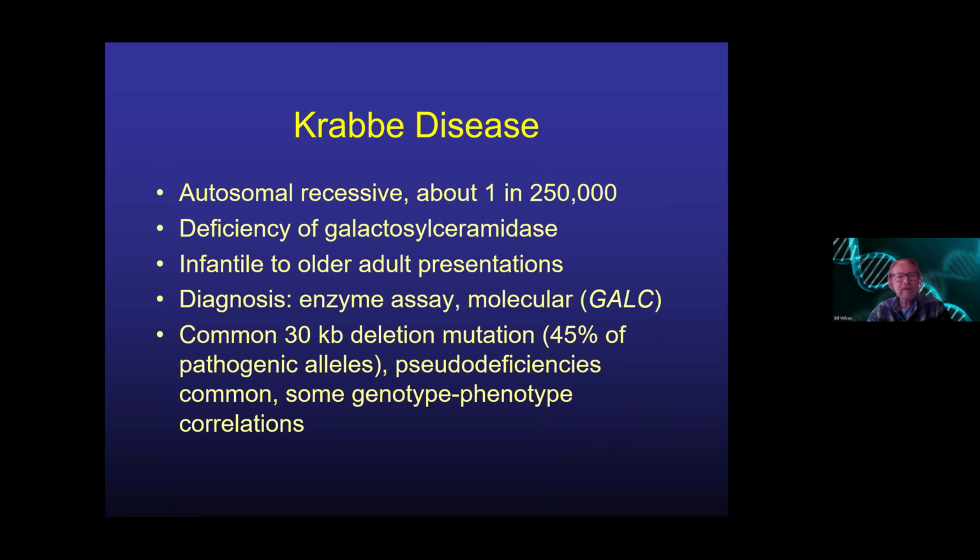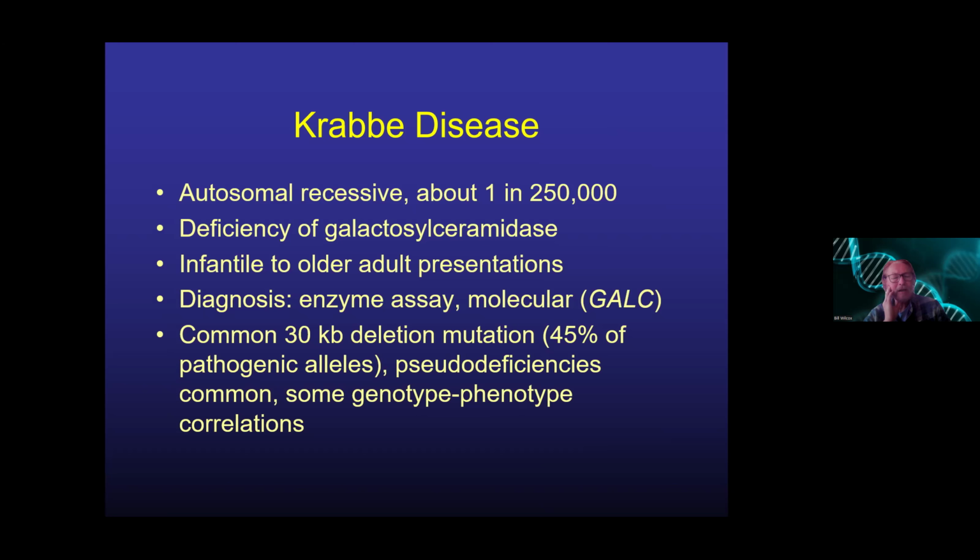Then turning to one that's not quite as happy a story, Krabbe disease. That's autosomal recessive. It's about 1 in 250,000. It's due to deficiency of galactosyl ceramidase. There's infantile to older adult presentations. The diagnosis is made with an enzyme assay and molecular testing of the GALC gene.